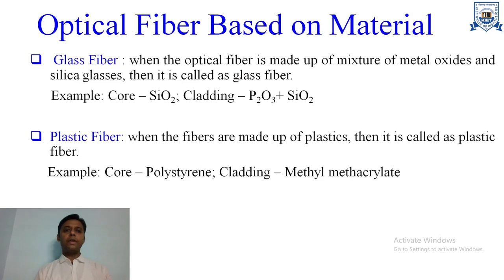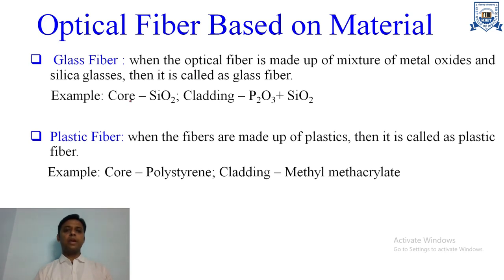Now, optical fiber based on material. These are two types: glass fiber and plastic fiber. Glass fibers: when the optical fiber is made up of a mixture of metal oxides and silica, it is called glass fiber.